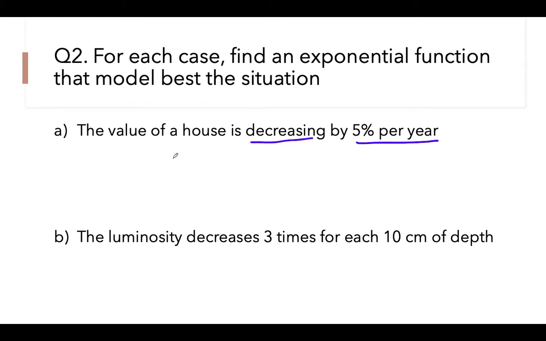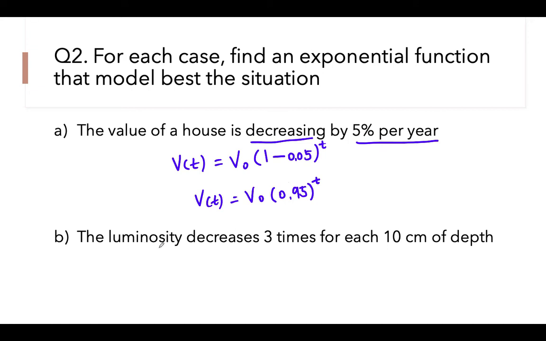We could say the value of the house, V at a given time, is equal to the initial cost of the house times (1 minus 5%, which is 0.05) to the power of the given time. I can simplify this. It's going to be V0 times 0.95^t. It makes sense because my base is less than 1, so that means it's going to be decreasing.